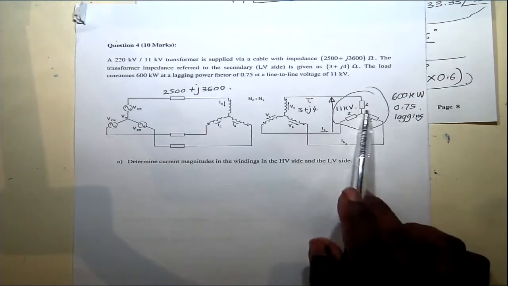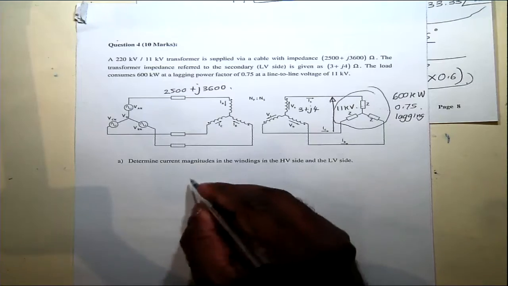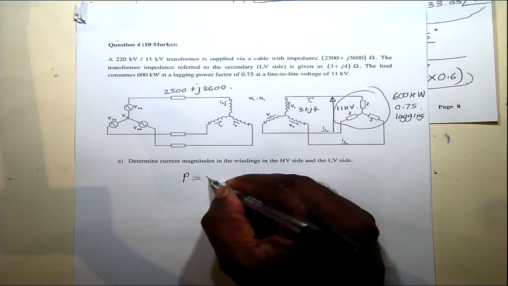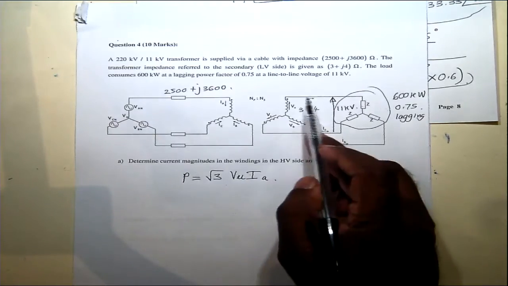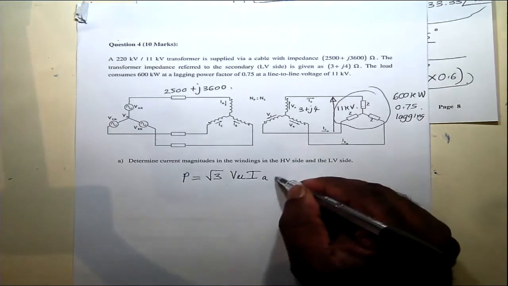So if you look at the load, we can write P equals root 3 V line-to-line, I_A, that's the line current here, times cos phi.